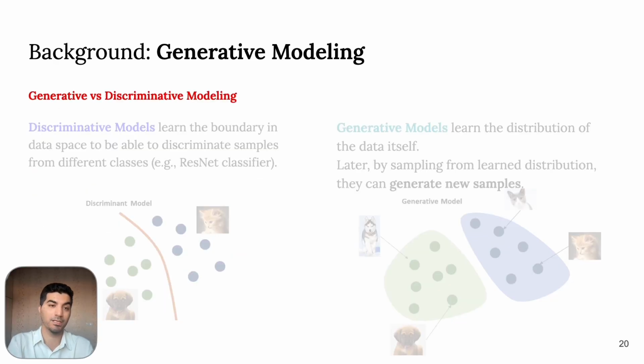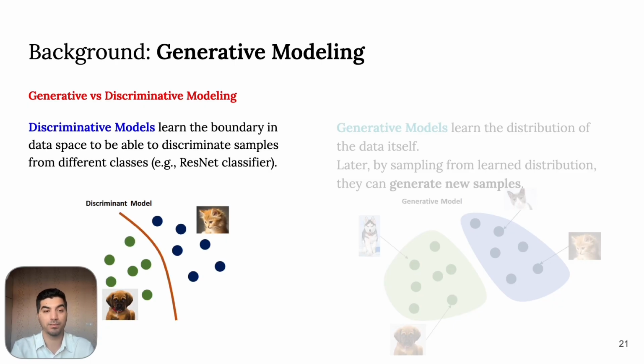Next, we discuss the difference between generative and discriminative modeling. Discriminative models, you are probably familiar with these models. Classifiers are usually discriminative models. And the idea in the discriminative models is to just learn the boundary, and we don't have interest in learning the distribution.